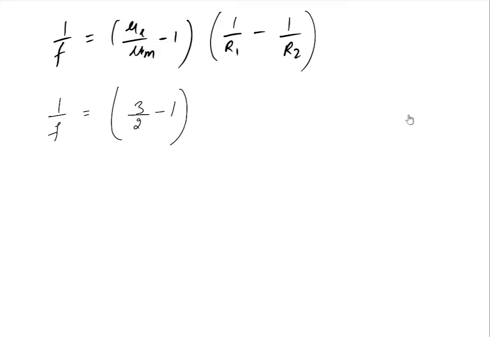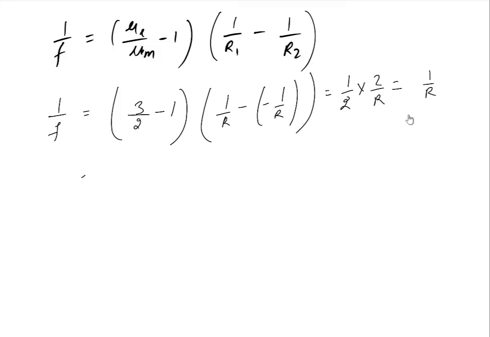Mu of medium, if nothing is given, you have to assume it's air, and this would be 1 by r minus of minus 1 by r, and that would give you 1 over 2 of 2 by r, that is nothing but 1 by r. So f comes out as plus or minus r, depending upon whether it was a concave lens or a convex lens.